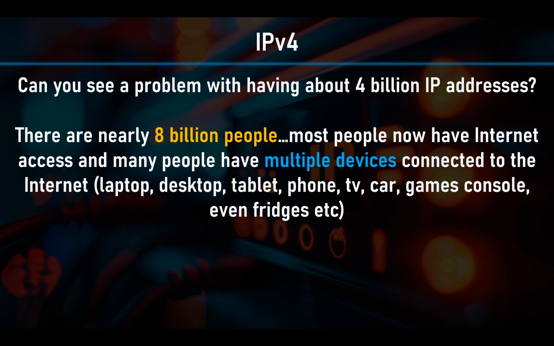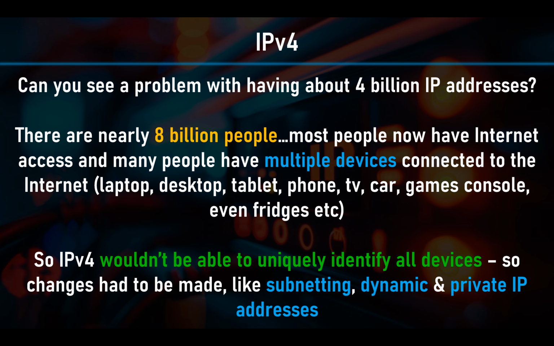So, for example, a laptop, a desktop, tablet, phone, TV, a car, if it's an internet connected car, games console, and things like IoT devices, fridges, CCTV cameras, I think some people even have a toaster, their central heating or air conditioning system, so all kinds of things.